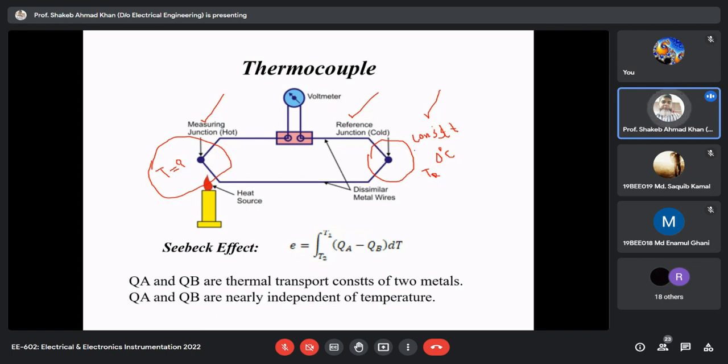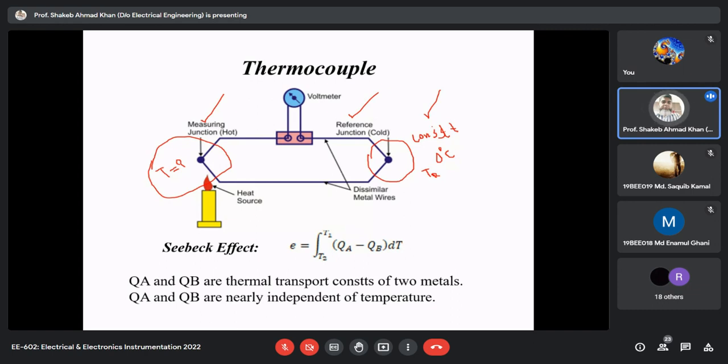The other junction is called the reference junction. This junction is maintained at constant temperature. This is an absolute requirement. If it is maintained at 0 degrees Celsius, it is desirable and good. But it is not always possible to maintain the reference junction at 0 degrees Celsius.